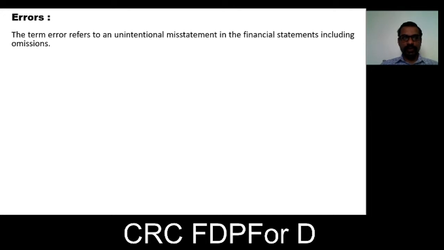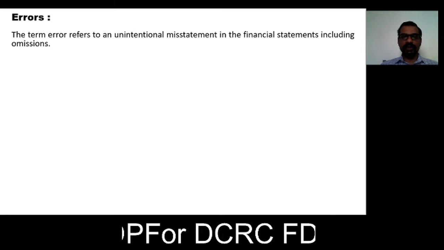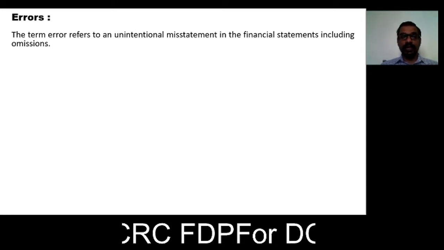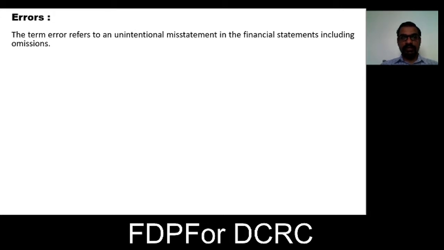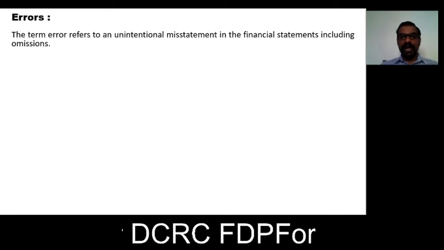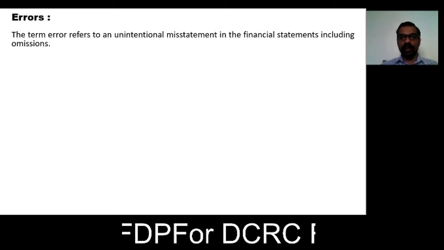So let's begin. First of all, what is the meaning of error that we have to understand? The term error refers to an unintentional misstatement in the financial statements, including omission. Means error is the unintentional misstatement that happens in the books of accounts while writing them.